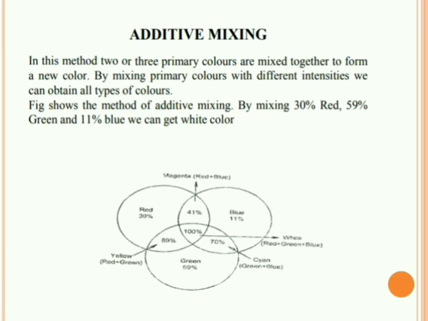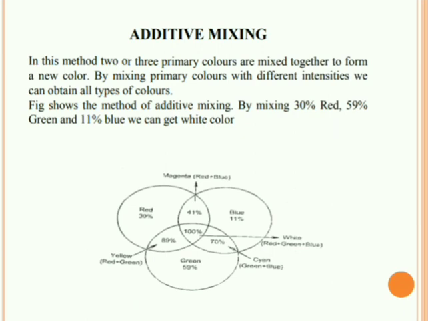Now, as you can see in this figure, the method of additive mixing is given. By mixing 30% of red, 59% of green and 11% of blue, we can see 100% of the white color. How is white color formed? We have to add these three colors with these different proportions: 30% red, 59% green and 11% blue.